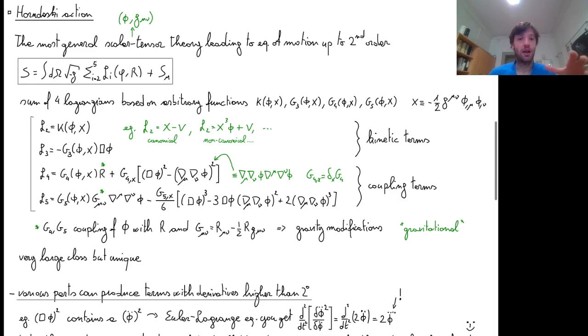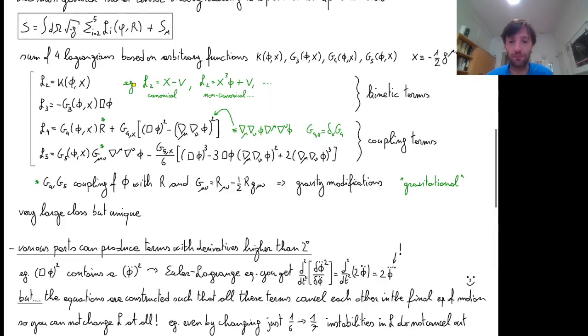Namely, in certain cases, according to the functions K, G, etc., that you can choose, you might obtain gravitational waves that propagate through space-time with a speed that is different from the speed of light. And that's a key difference with respect to the theories that we have seen before.